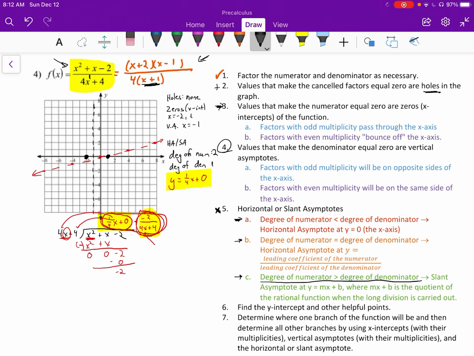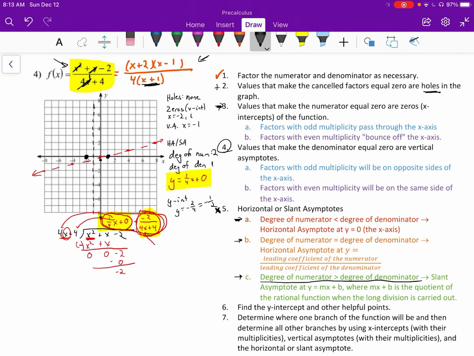If we can find the y-intercept, we do that. The y-intercept is when you plug in 0 for x. So if you plug in 0 for x, this term's gone, this term's gone, and this term's gone, so you have -2/4. So our y-intercept is y equals -2/4, which is -1/2. So we're going to put our y-intercept here at -1/2. And that should be enough for us to graph our function.